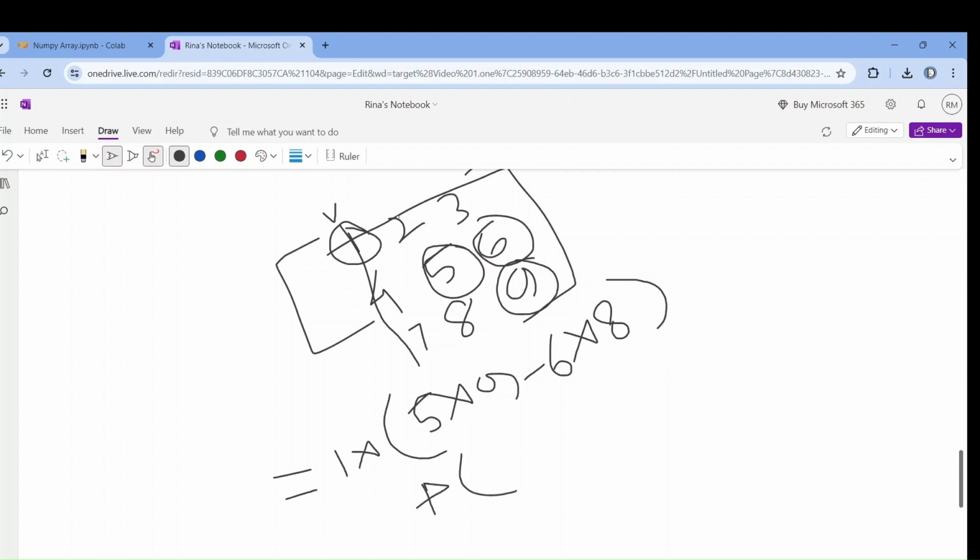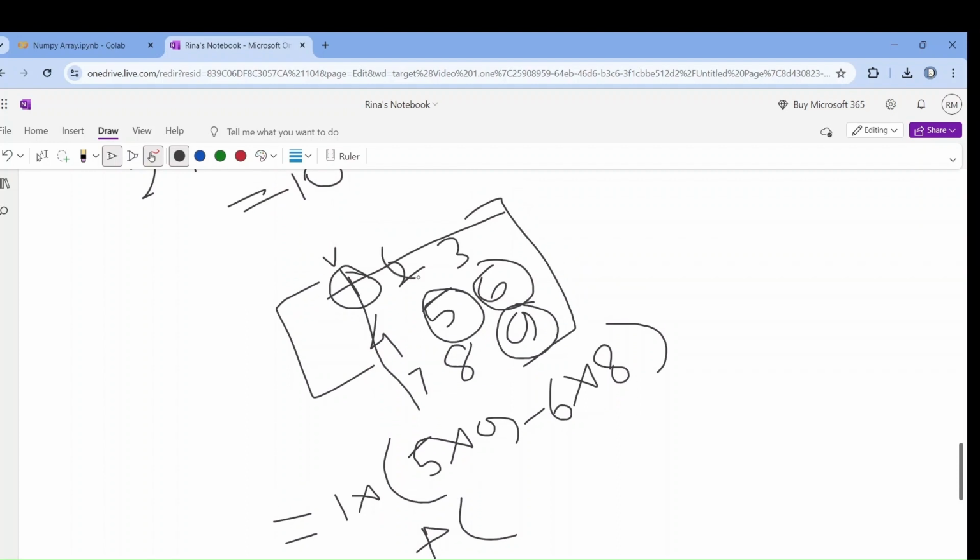Now I will consider 2. I will take this one, 2. So what you have to do, just delete this row and column. Fine. Let me write first 1, and then there was 4. Now I will take 2, so I will write here 2 into. Now what will happen?